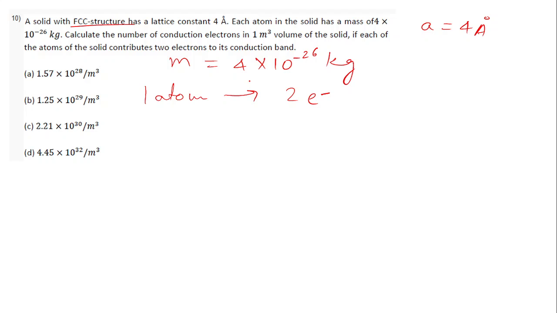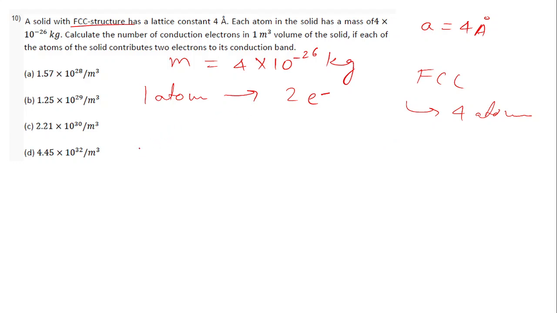when solid is FCC structure, that means there are 4 atoms. Since it's FCC, that means in 1 unit cell we have 4 atoms, right? 1 total contribution from corner atoms, and 6 faces will contribute and give 3 atoms. So total 4 atoms because it's FCC.